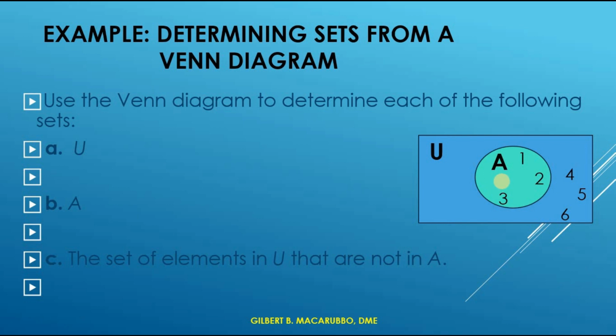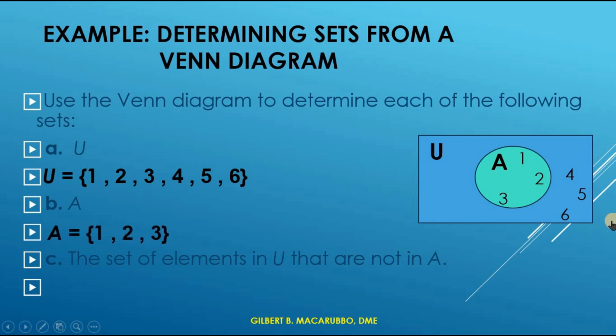So, set A contains elements such as 1, 2, 3. Okay, so yung ating universal set therefore is 1, 2, 3, 4, 5, and 6. Kasi lahat ng numbers dyan sa rectangle is considered as our universal set.